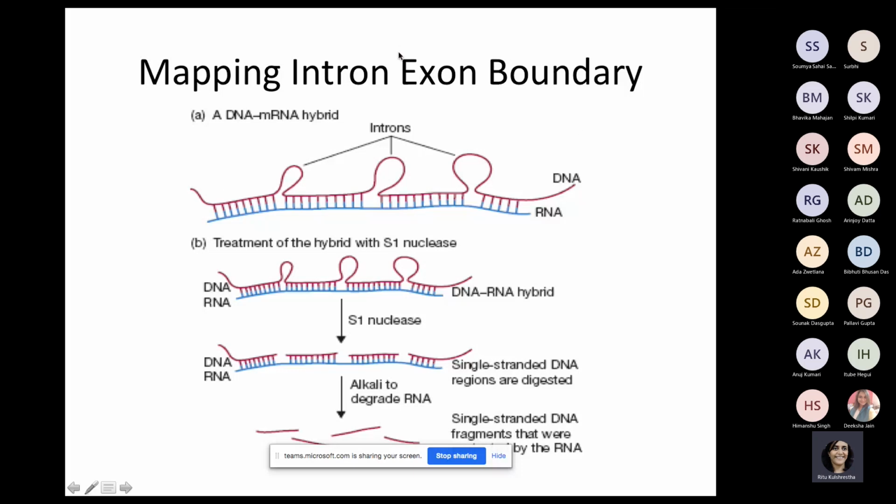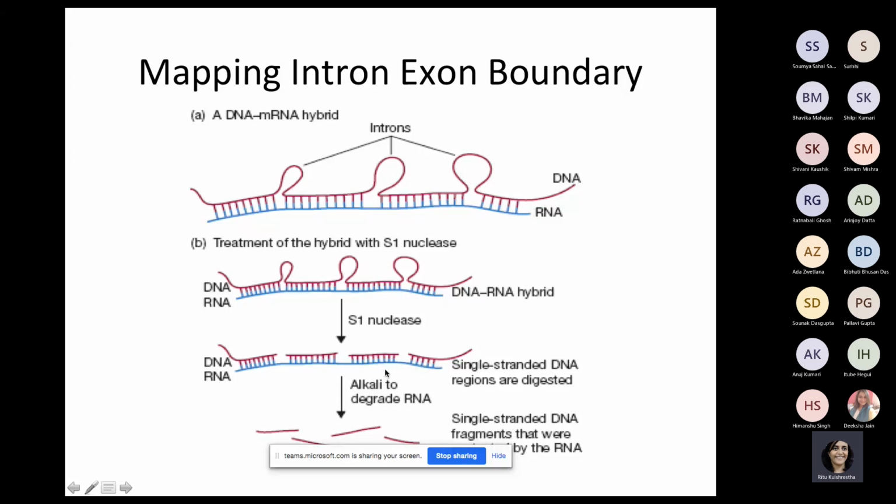So what I do is I have my gene sequence in hand, and I have my RNA in hand, and I hybridize the two, and then I treat it with S1 nuclease. What will happen is that the region which was intron, because it did not find any counterpart in the RNA, will loop out. Because it is single-stranded, S1 nuclease will degrade it, right? And then you give it an alkali treatment, and you know that RNA is very unstable in alkaline condition.